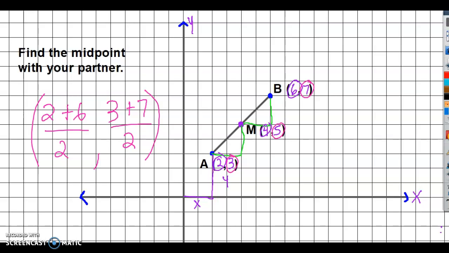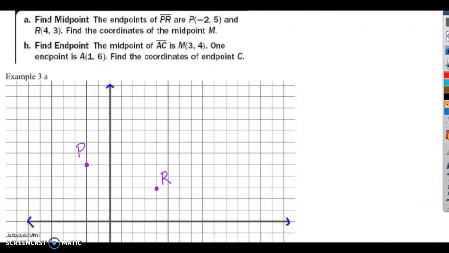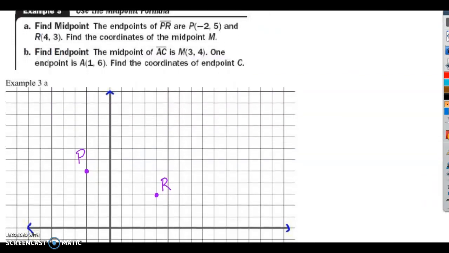So 2 plus 6 is 8, divided by 2 is 4. And 3 plus 7 is 10, divided by 2 is 5. Boom! We already had that. Okay, that's the midpoint formula. That's it. If you can average, you can do this. And again, if I'm ever going too fast, please pause the video.